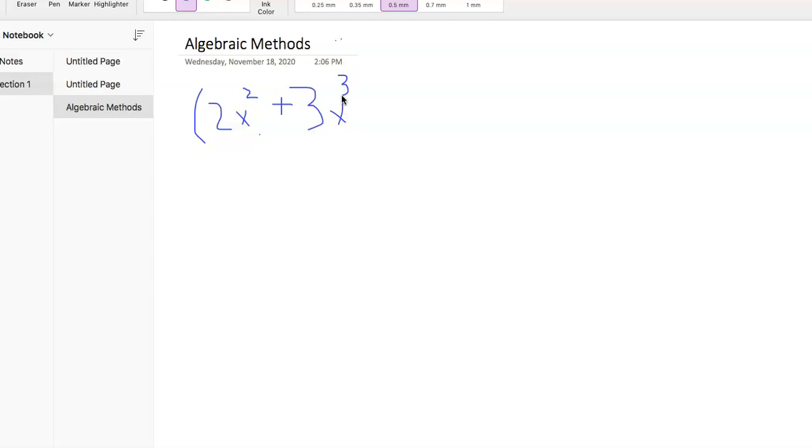Here we have 3x to the third. All the x to the third are going to combine together, plus 5. Right? All the regular numbers that don't have a variable, combine those together. And we got a minus sign here. And then we got 3x squared plus x plus 7.